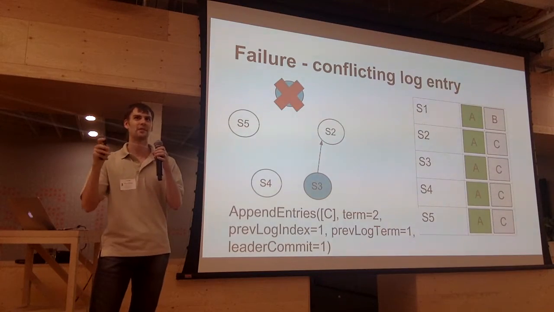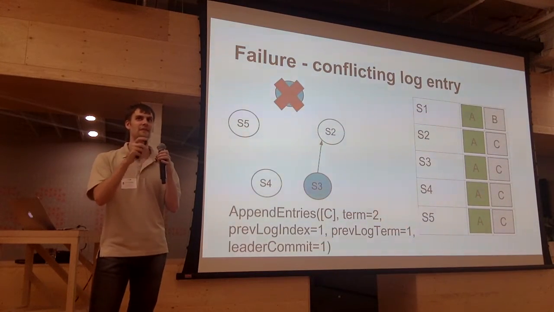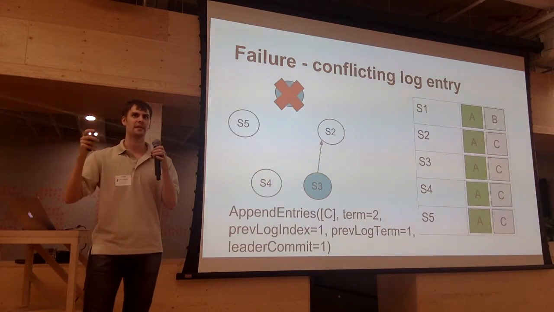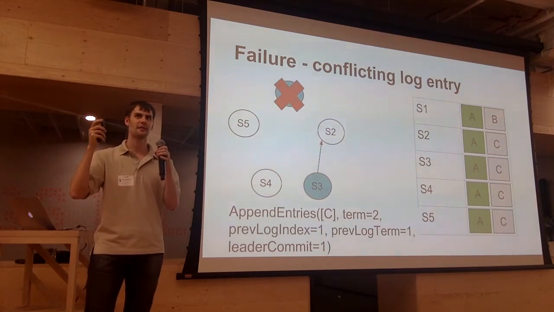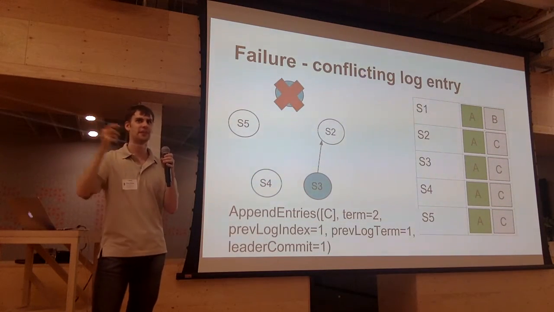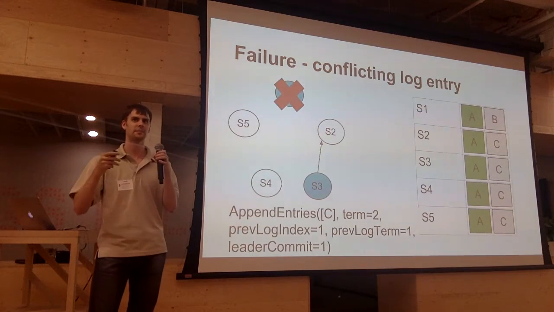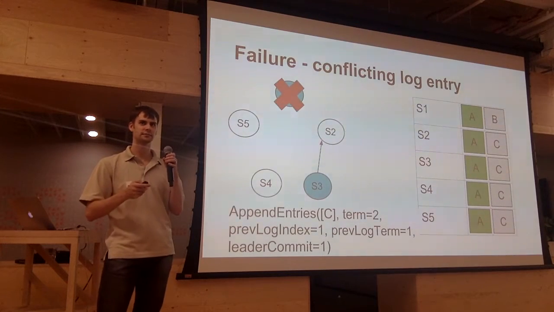So if it's committed, it must be on the majority of nodes. If it's on the majority of nodes, in order to become leader, you have to talk to a majority of nodes. So if it's on the majority and you don't have it, none of the majority will vote for you. You won't be able to become leader. Only one that has that entry will be able to become leader.